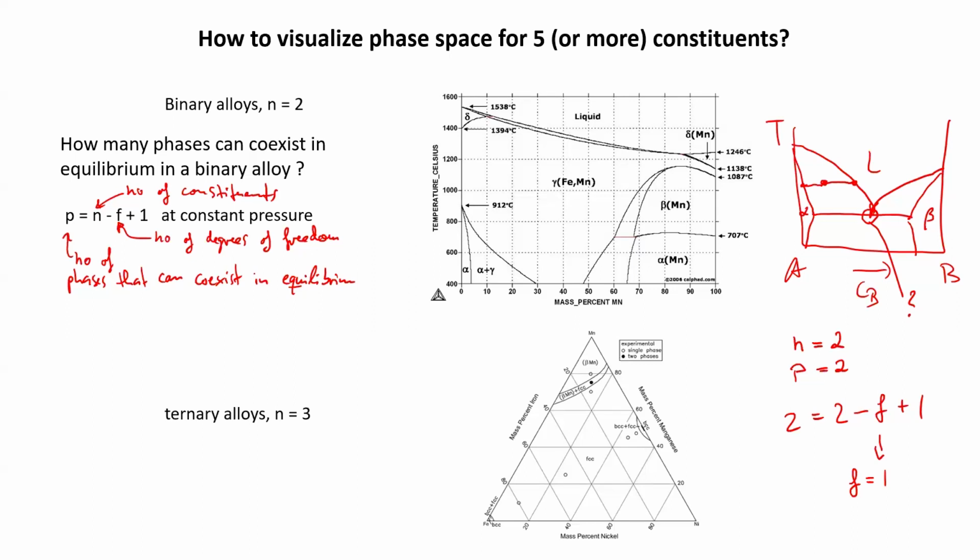So obviously, when we increase the number of constituents, we have to recognize that the number of possible phases can increase much. And not only the number of phases in a phase diagram, but the number of phases that can coexist in equilibrium. This is the important point.